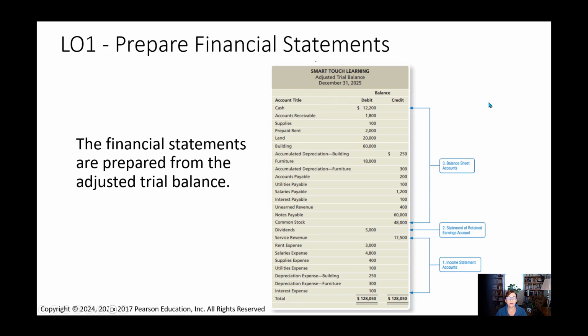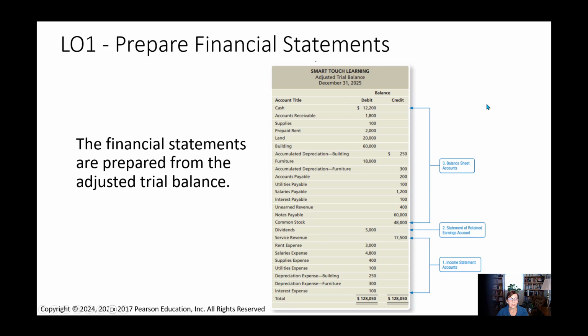So we had prepared journal entries to record all of the transactions that happened during the year or the period, and then we prepared a trial balance, and then we made all of our adjustments and prepared an adjusted trial balance, and that's where we're starting now. So remember, we said the financial statements are prepared from the adjusted trial balance, so it's very important. Remember, these are all the correct numbers now.